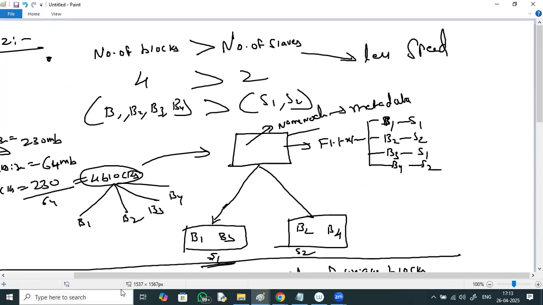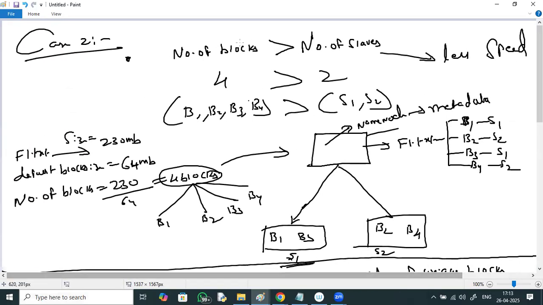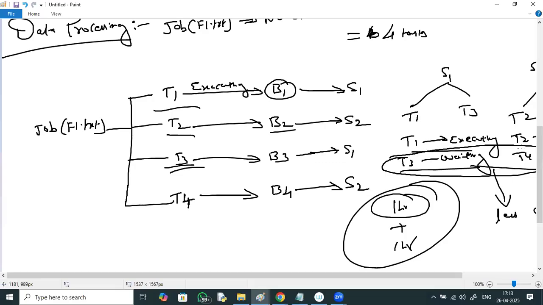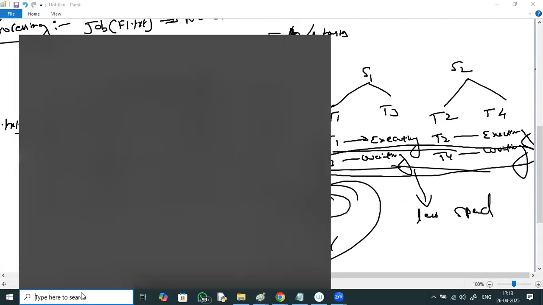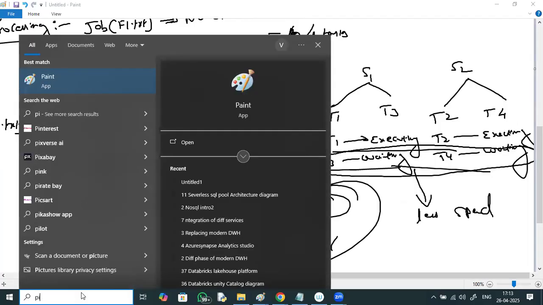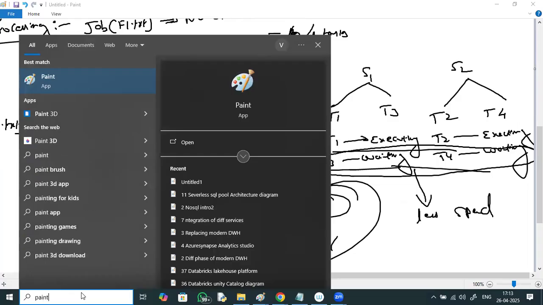But if you see case 3, there is no parallel processing at all. Here, at least you see some parallel processing: T1 and T2 are executed in parallel, but T3 and T4 are waiting. In case 3, there won't be any parallel processing at all. Sequentially, you process one task after the other.